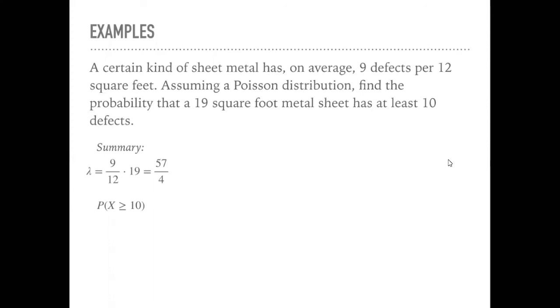Now, we are looking to see what the probability is that there are at least 10 defects. So looking at that probability, we are saying the probability that x is greater than or equal to 10 is equal to 1 minus the probability x is less than 10, using that complement rule there. And then knowing that we are in a discrete distribution, we can go ahead and say that's equal to 1 minus the probability that x is less than or equal to 9.